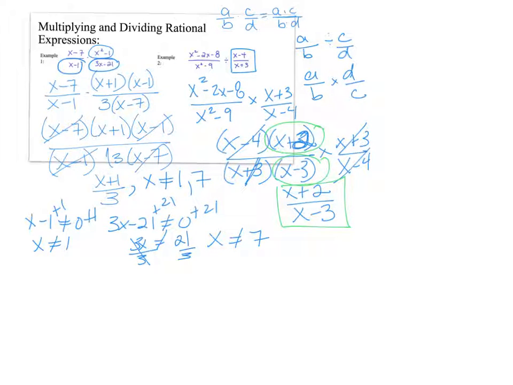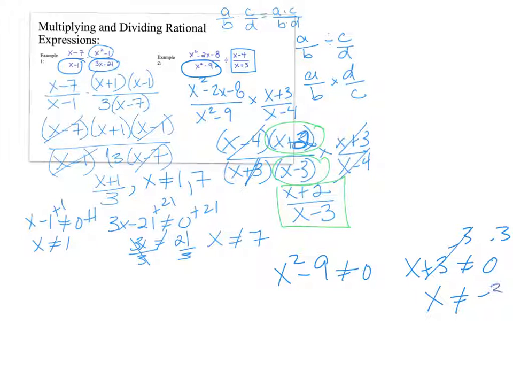And when we're dealing with the domain, we're going back to the denominators that originated with the question. So x squared minus 9 can't equal 0, and x plus 3 can't equal 0. So minus 3 on either side gets rid of that. So x can't equal negative 3.